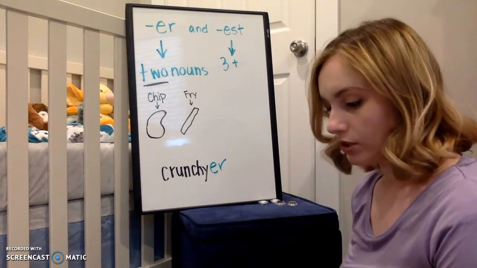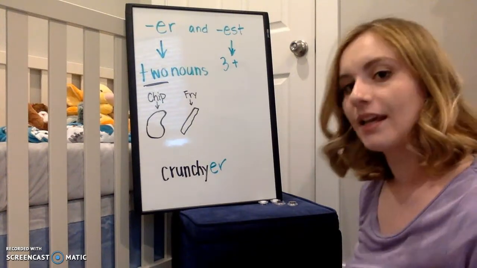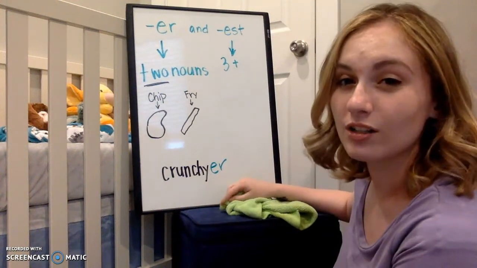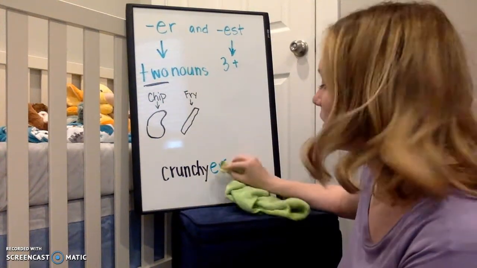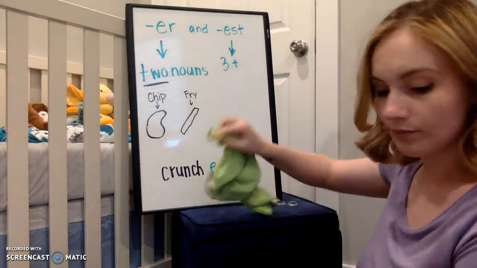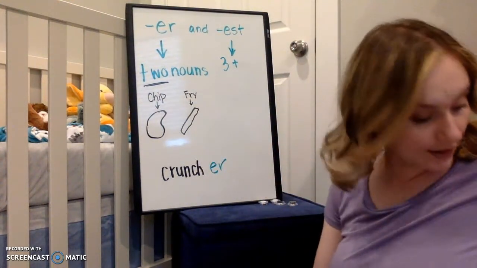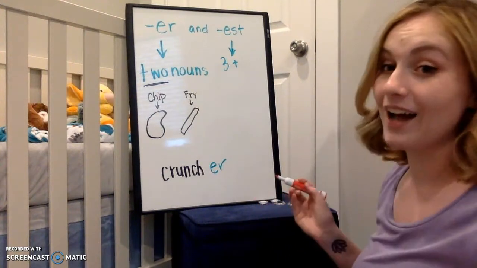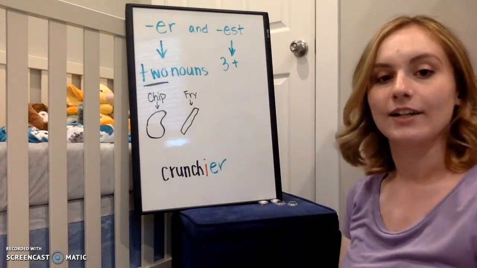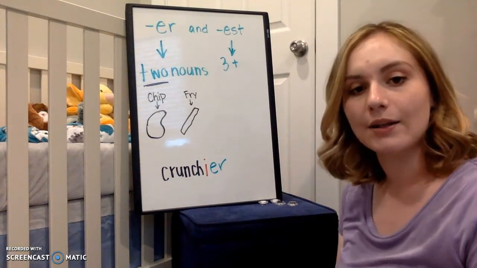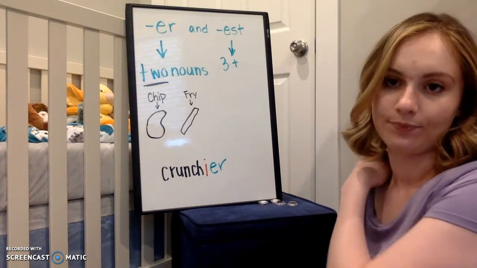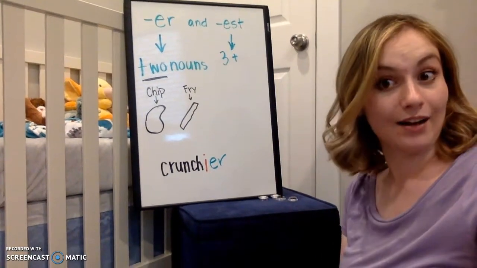No. So we have to remember, if the y is at the end of an adjective we're using, we're going to change that y to an, I bet you already know, an I, and add er. So now it says crunchier with the I-E-R. Okay, tricky, but we got it.